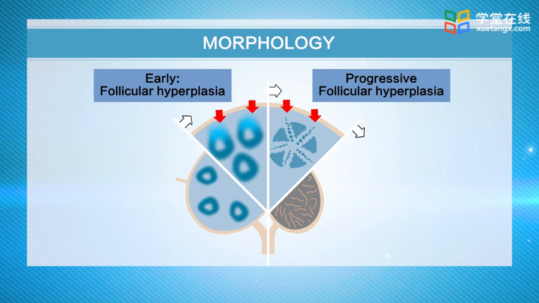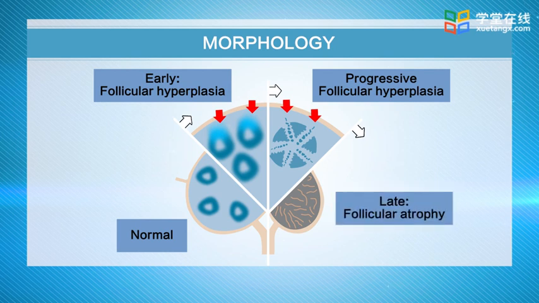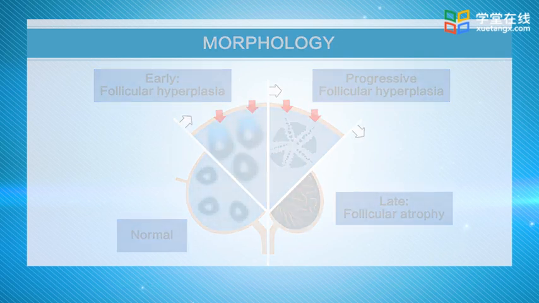The lymph nodes are depleted of lymphocytes, and the organized network of follicular dendritic cells is disrupted. The germinal centers may even become hyalinized. Finally, the burnt-out lymph nodes are atrophic and small.